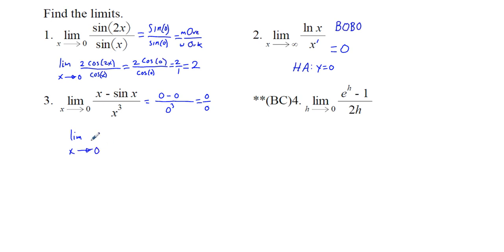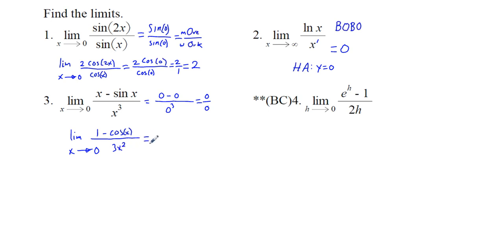So limit as x approaches 0, we're going to take the first derivative of the numerator, where the derivative of x is 1, and the derivative of sine x is cosine x. And in the denominator, we take the first derivative of x cubed, which is 3x squared.